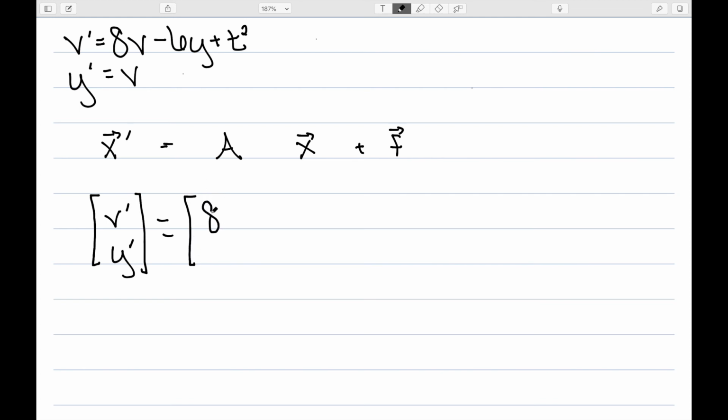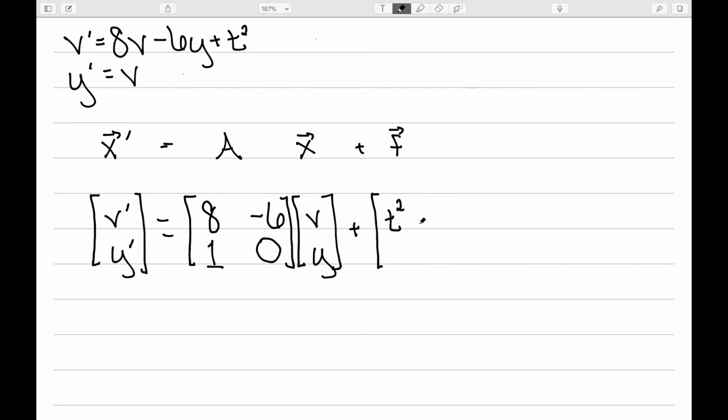I have 8v minus 6y, 1v, and then 0y. My x vector is my unknowns, in this case v and y. And then f is what I'm adding at the end. I'm adding a t squared to the v prime and nothing to the y prime. So now I have this in normal form.